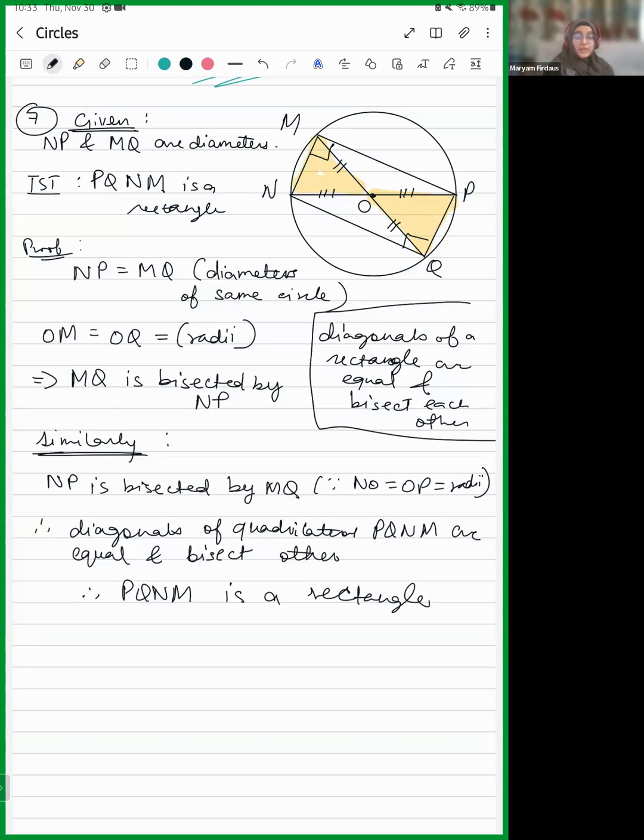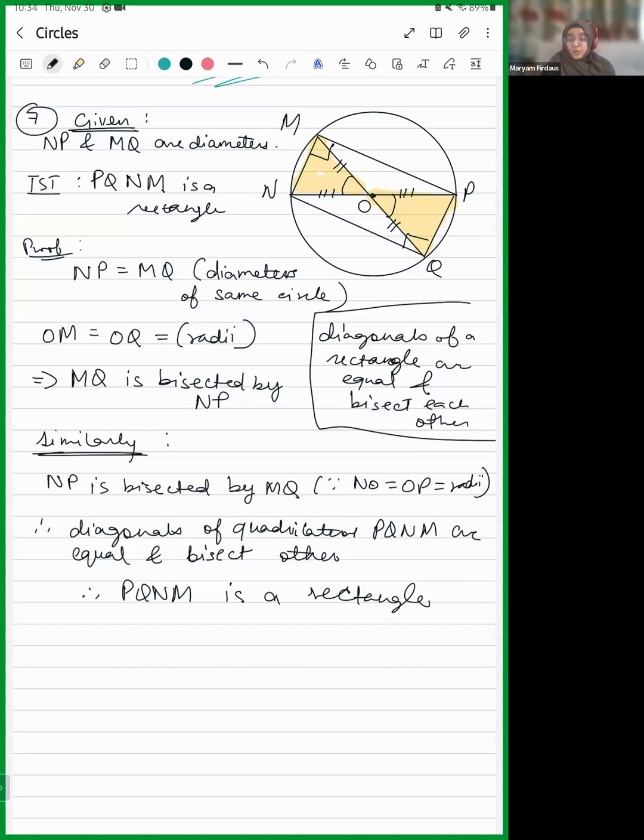Right now we are talking about these two triangles. So you will say MO, which we have written here, MO is equal to OQ, radii. And NO is equal to OP, radii. So in these two triangles, we are showing that they are congruent by showing that MO is equal to OQ, NO is equal to OP, and these two angles are vertically opposite angles. So by the SAS rule, these two triangles are congruent.